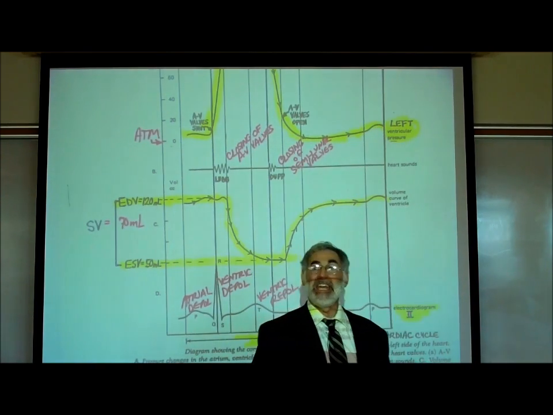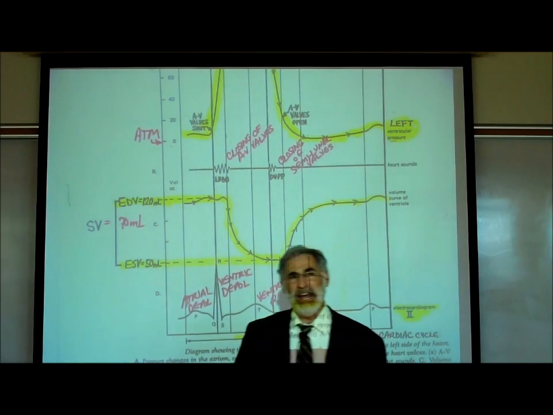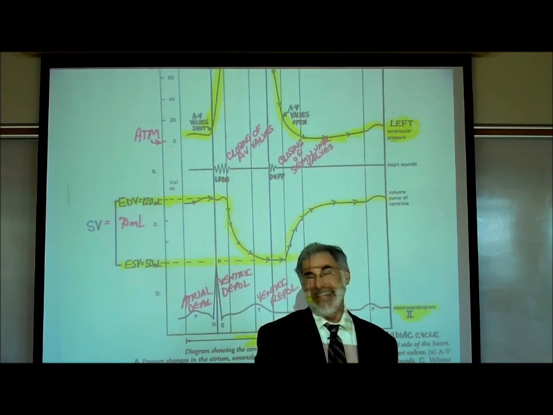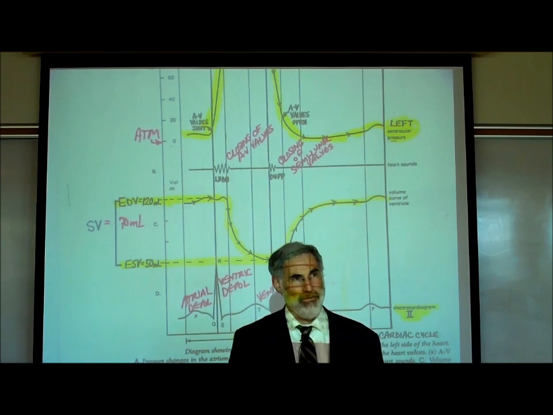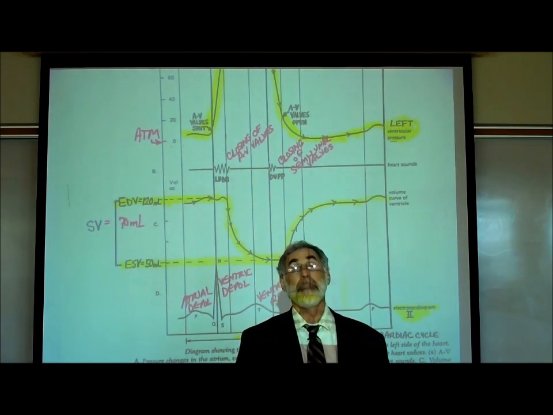Now, we need an inlet valve and an outlet valve. First of all, what's the name of the inlet valve that allows blood into the left ventricle? The left AV valve. Clinicians call it the mitral, anatomists call it the bicuspid.